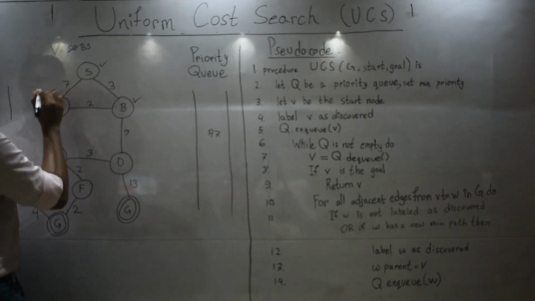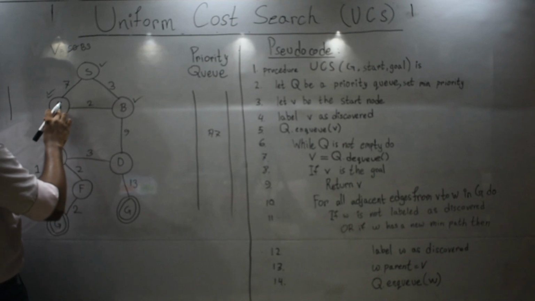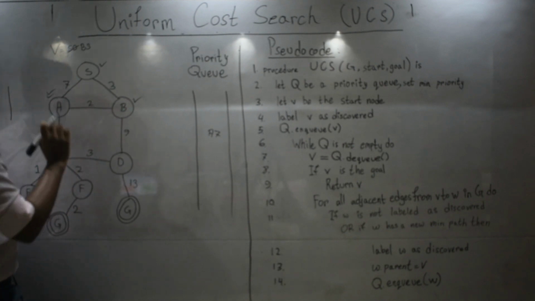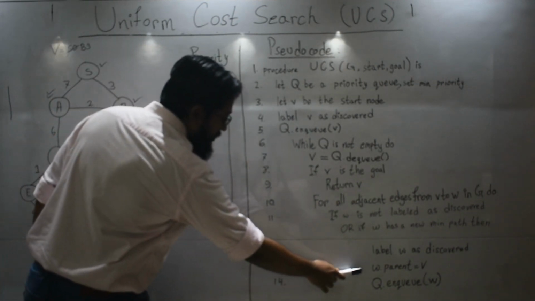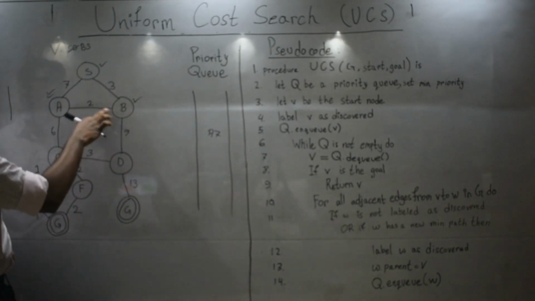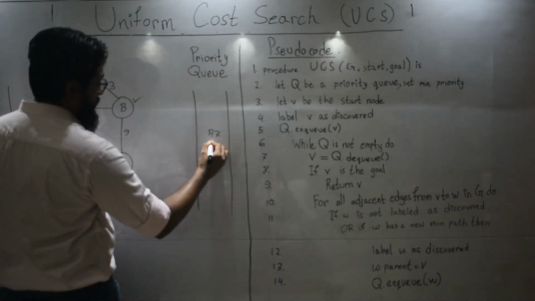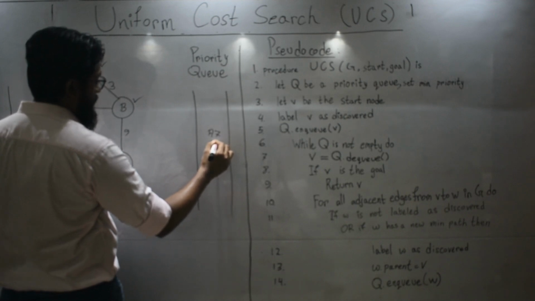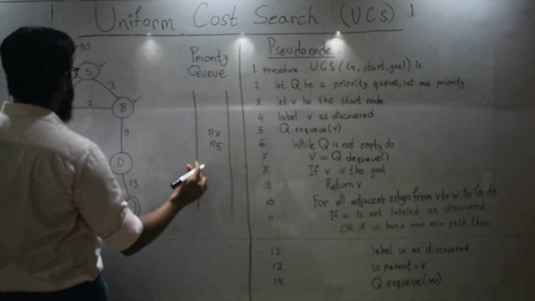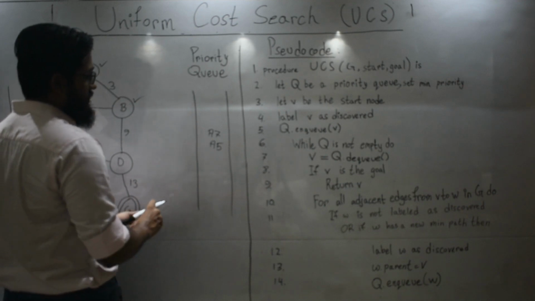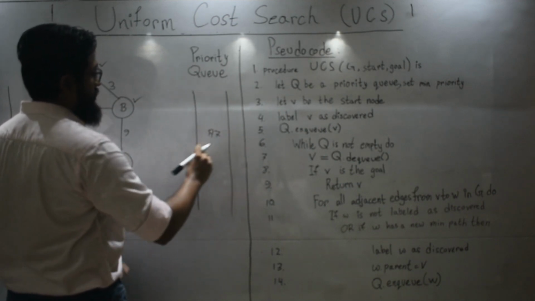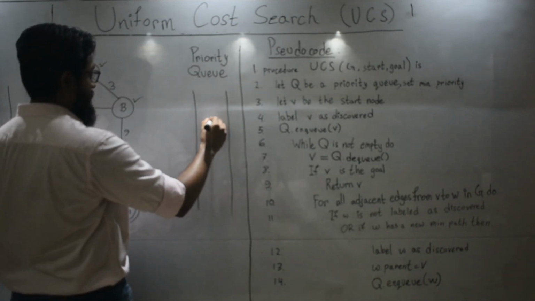So, discover. And now the parent of A is B. Okay. And then you will NQ A5. And then you will sort it.